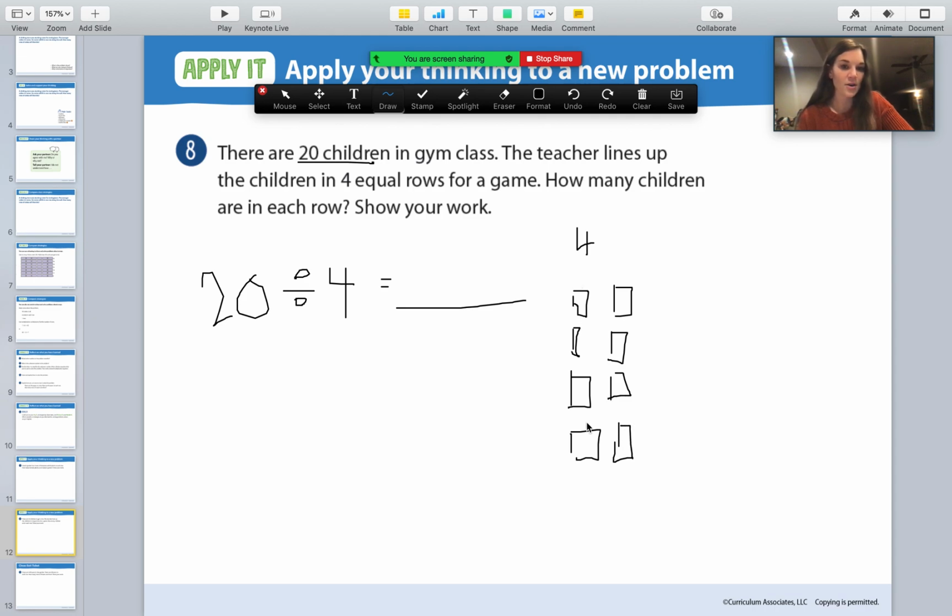And I can say, all right, 4, 5, 6, 7, 8. So there's 8. And then I did it again. I'm going to do this quickly. We'll start with 8, 9, 10, 11, 12. Now, when you got to 20, you should have had 5 in each row. So our answer would have been 5.